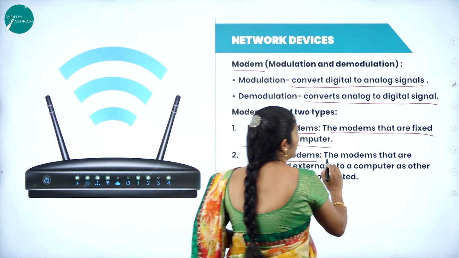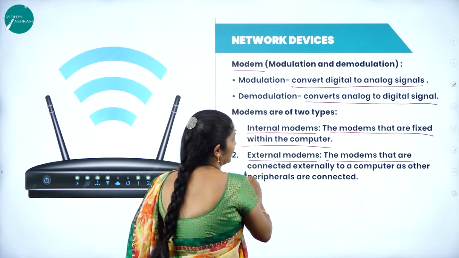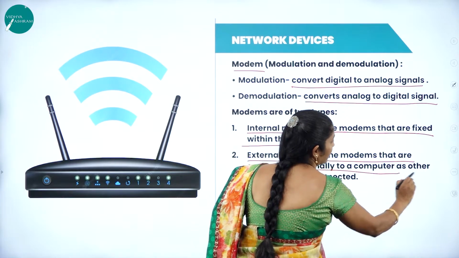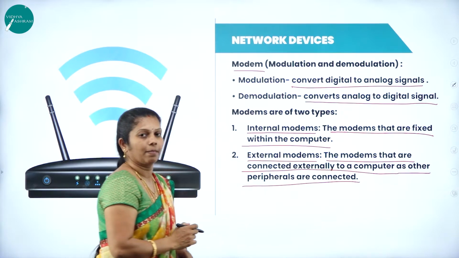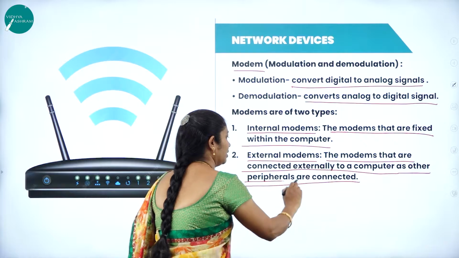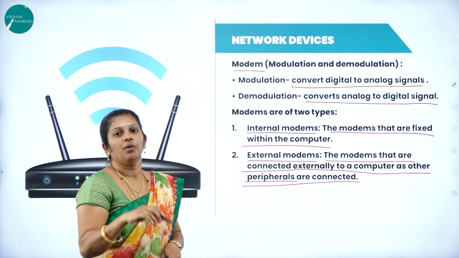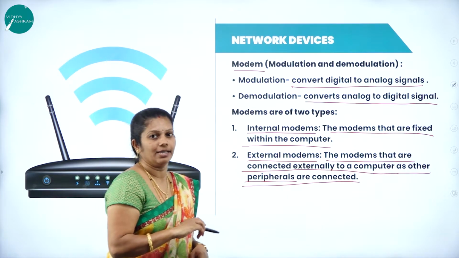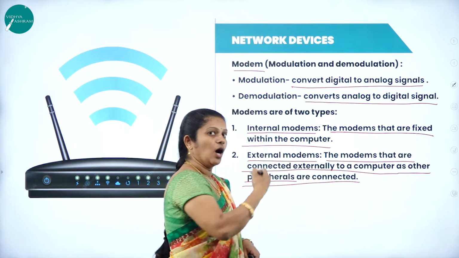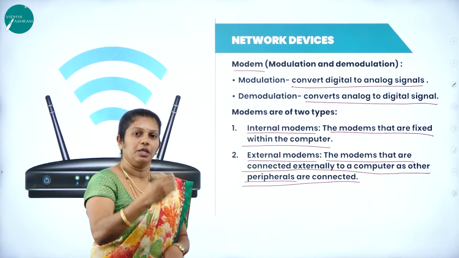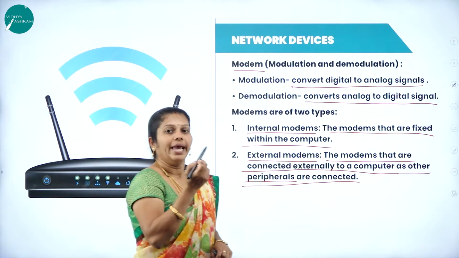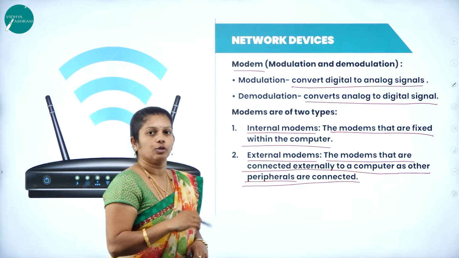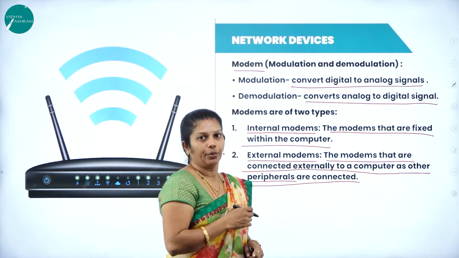That means these modems are connected externally to the computer, as other peripherals are connected. Then what do you mean by peripheral? All input, output, and memory devices can be called peripheral devices. Just as we connect peripheral devices, for example input devices as well as output devices, to the computer, in the same way external modems are also connected to the computer.